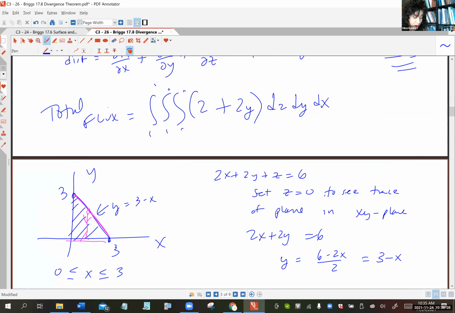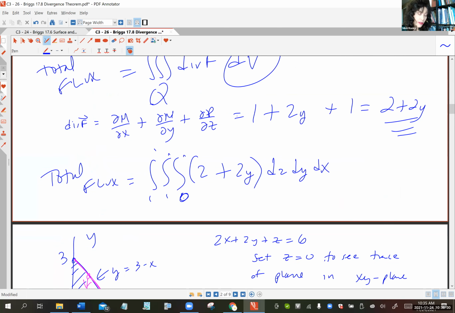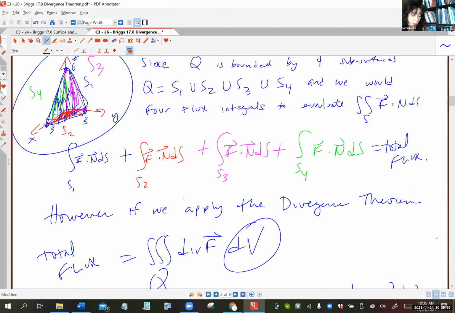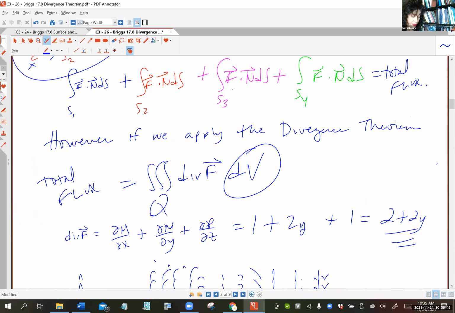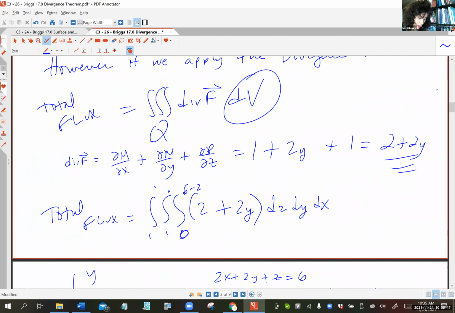Well, z is going from the xy plane, which is z equals 0, up to what? If you solve this plane equation for z, you'll get z equals 6 minus 2x minus 2y. So that will be the upper limit for z. That's the innermost integral. And then for the middle integral, we got the limits for y, 0 and 3 minus x. And then we have 0 and 3 for the outermost integral.